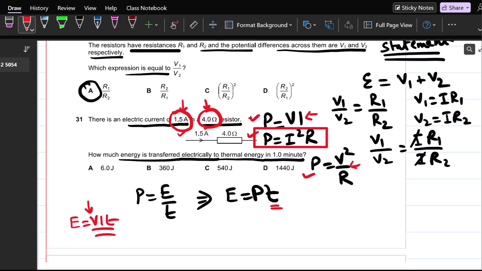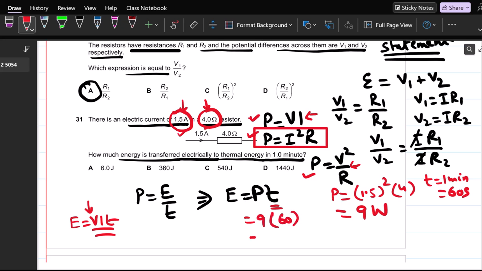So power is equal to 1.5 square times 4. If you solve this, it comes at 9 watt. So time is in minute. We have to convert this into seconds. So T is equal to 1 minute, which will be 60 seconds. So P is 9 and time is 60.